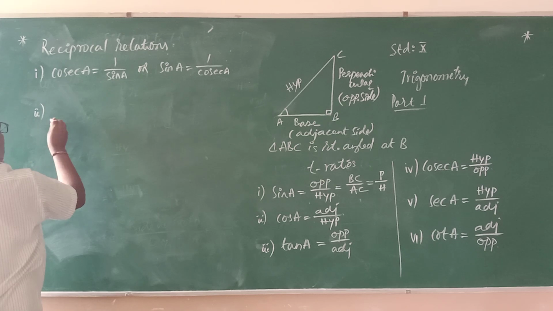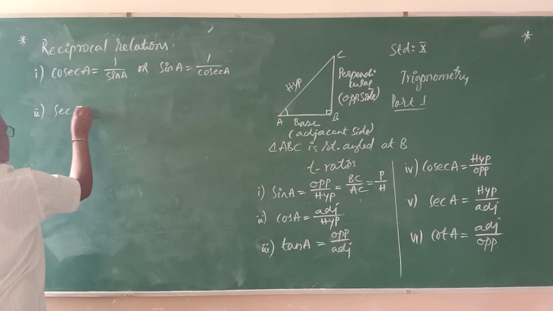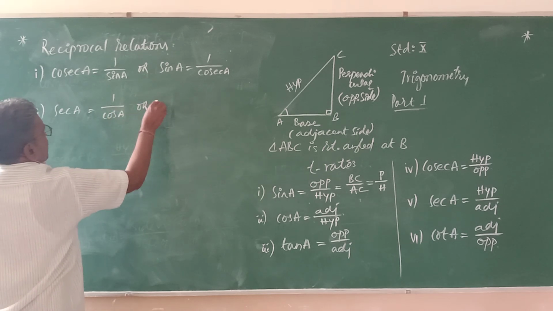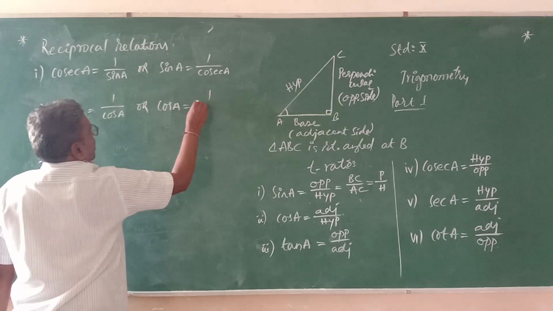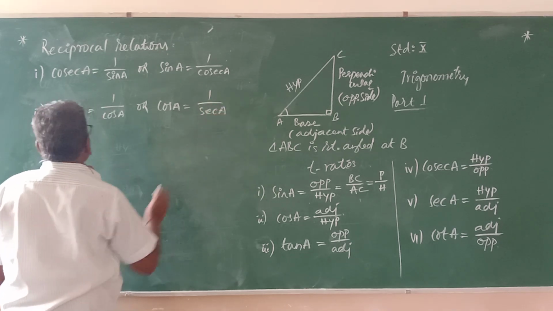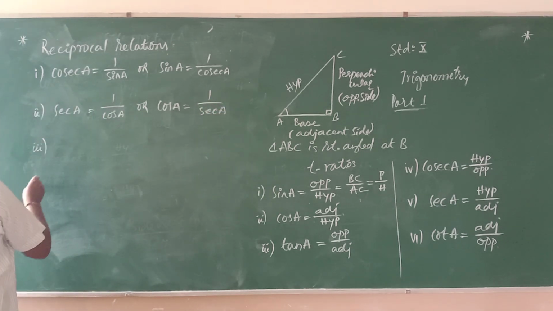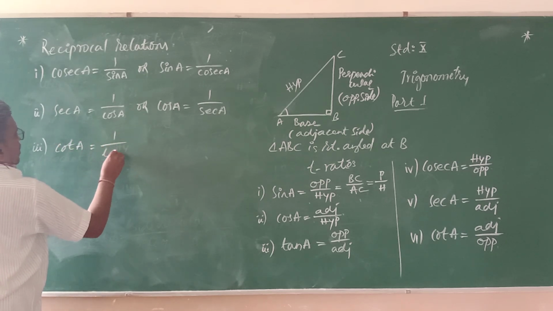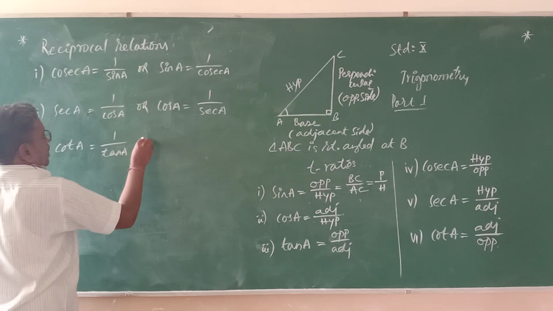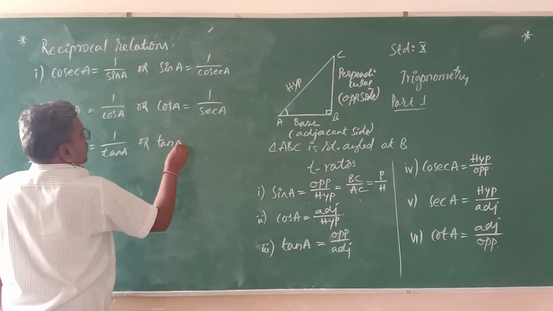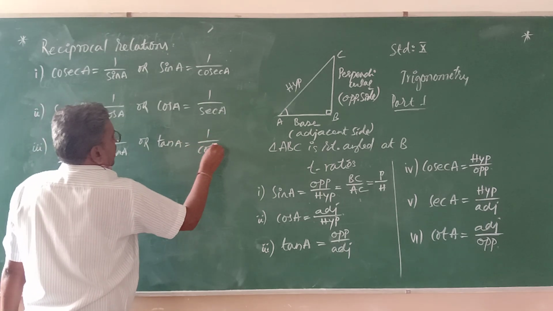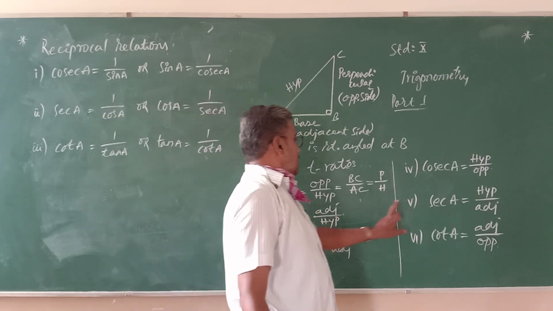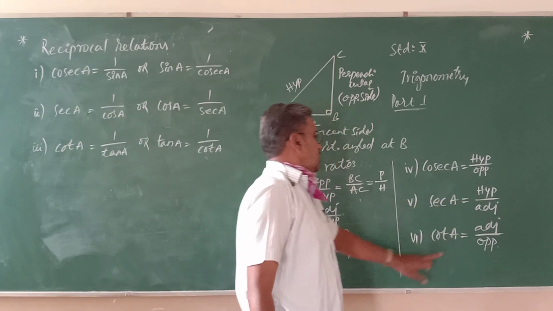Second, sec of angle A is equal to 1 upon cos A, or you can write cos A equal to 1 upon secant of A. And third, cotangent of angle A is 1 upon tan A, or you can write tan A equal to 1 upon cot A. When you observe that cos A is adjacent upon hypotenuse, sec is hypotenuse by adjacent, meaning 1 upon.